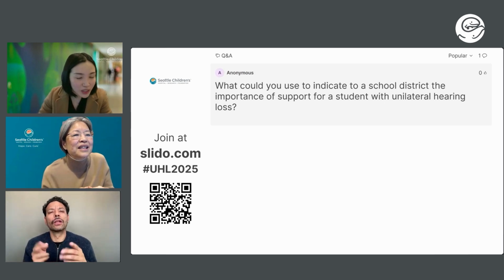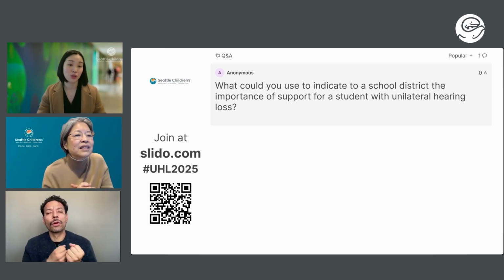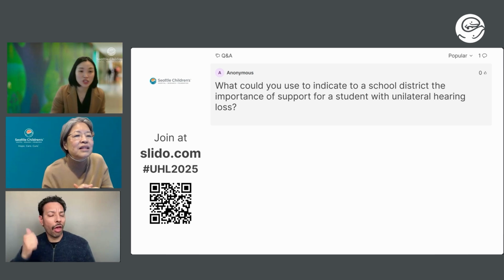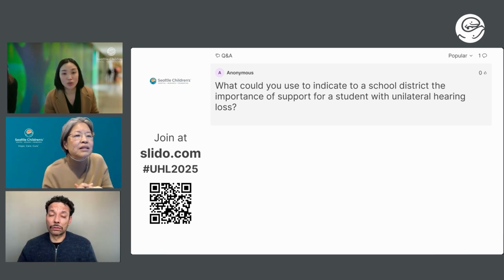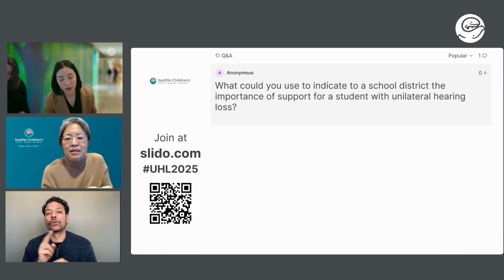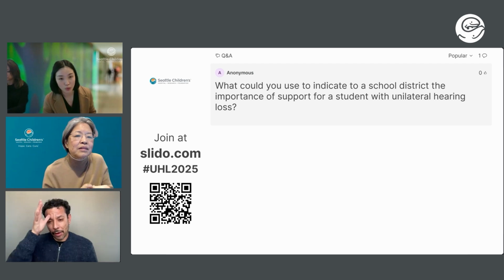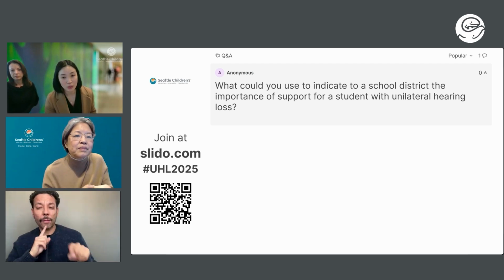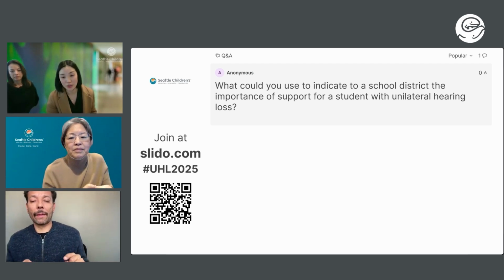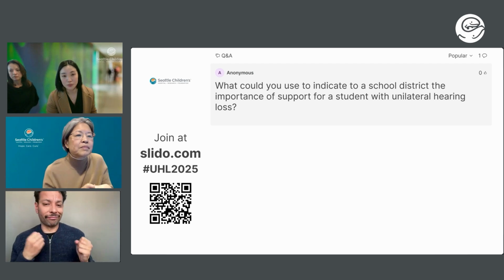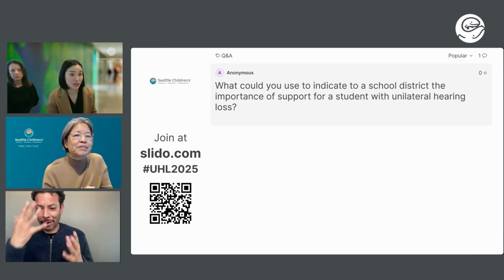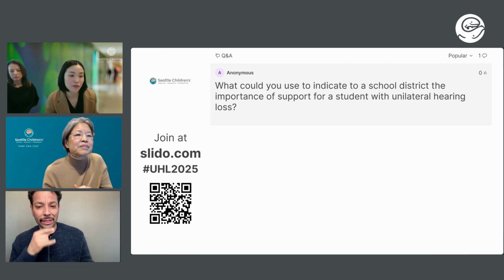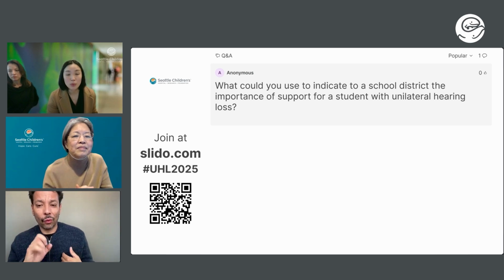I'm going to read the next question. What could you use to indicate to a school district the importance of support for a child with unilateral hearing loss? That's a really great question. I would say using parent report, teacher report, as well as student report of difficulties. But there's a ton of literature out there to show the difficulties that kids can have, the risks that they have in academic settings.